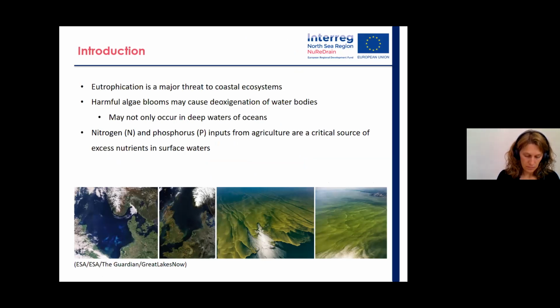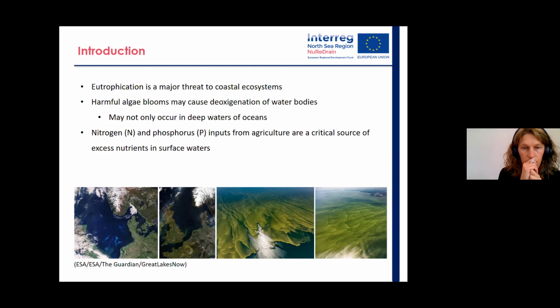Harmful algae blooms caused by elevated phosphorus and nitrogen loads may cause deoxygenation of water bodies, not only in the deep regions of ocean waters, but also in coastal regions. The main reason for this is nitrogen and phosphorus loads from agriculture.